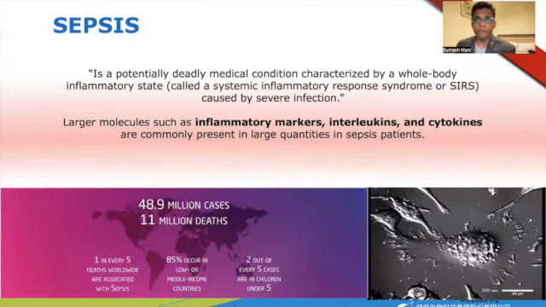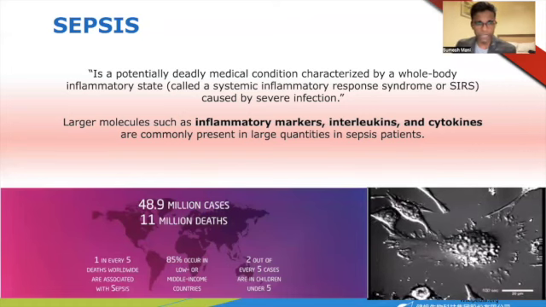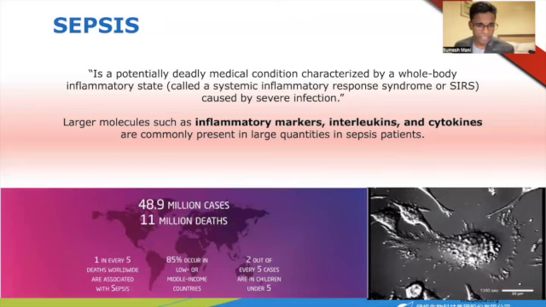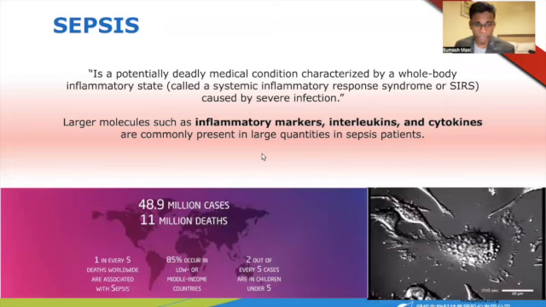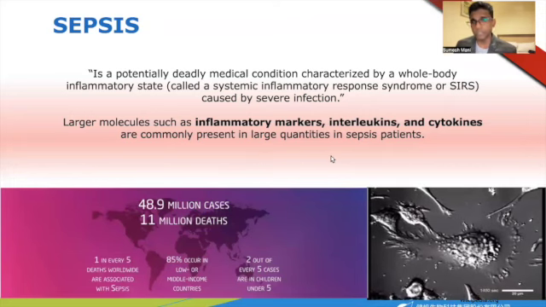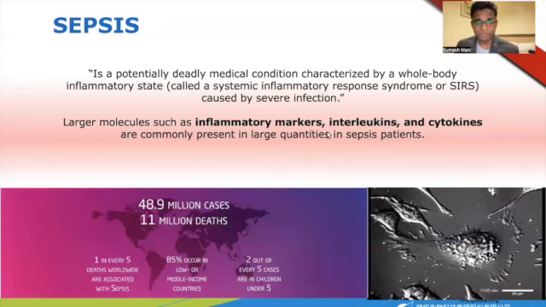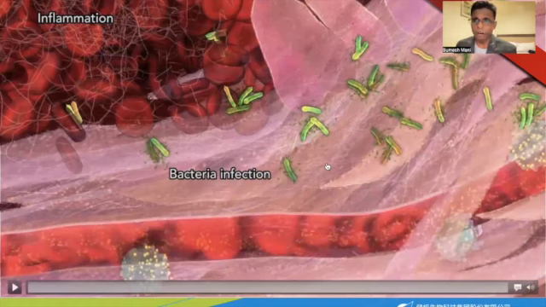Yesterday we talked about sepsis as a deadly medical condition characterized by whole body inflammation. The statistics are very high: 1 in every 5 deaths worldwide is because of sepsis. That's quite alarming, right? We also saw a video about how sepsis is triggered in our body.